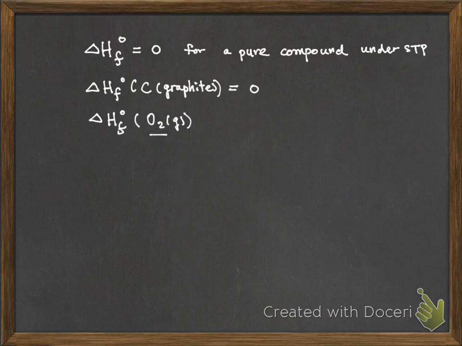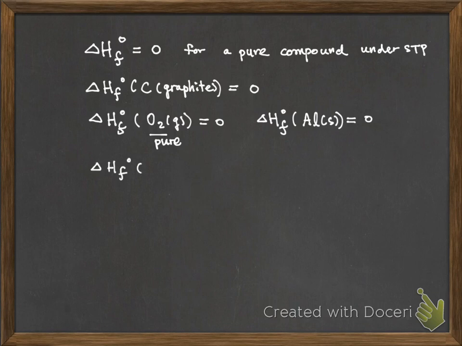They are essentially pure elements, so therefore the heat of formation is 0. So does delta H formation of aluminum, for example, a solid in the pure element form, that is 0. But remember, what about heat of formation of, let's say, CO2 gas? It is not a pure element in standard form, so it is not 0.